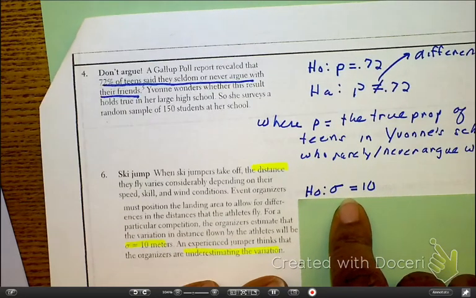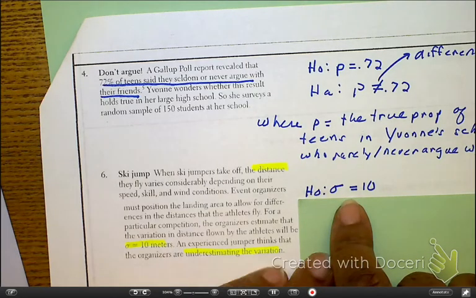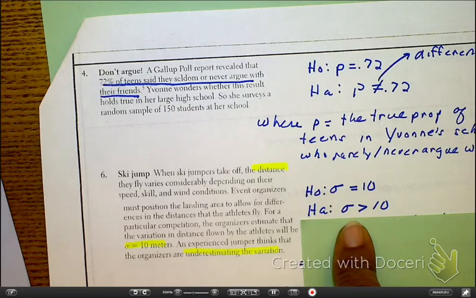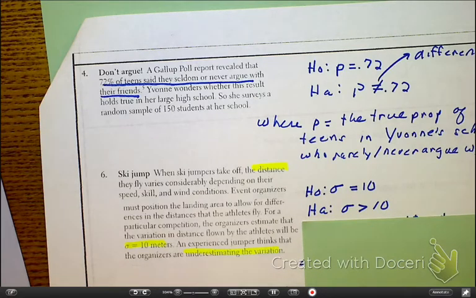Okay, and now the alternative hypothesis is that the organizers are underestimating the variation. So that means if they're underestimating, they're expecting it to be greater than the amount that they said.